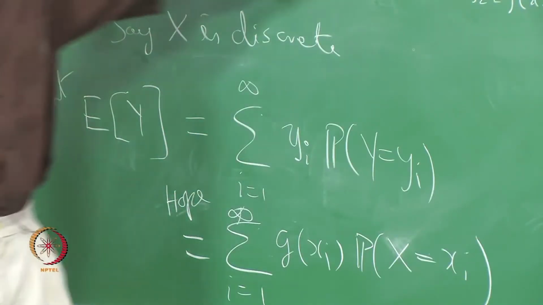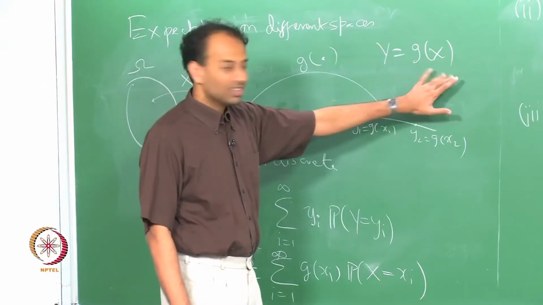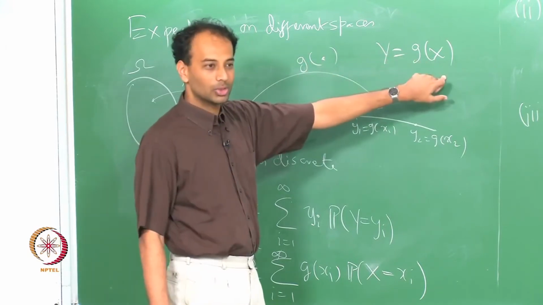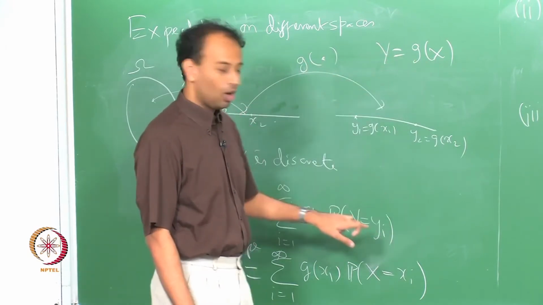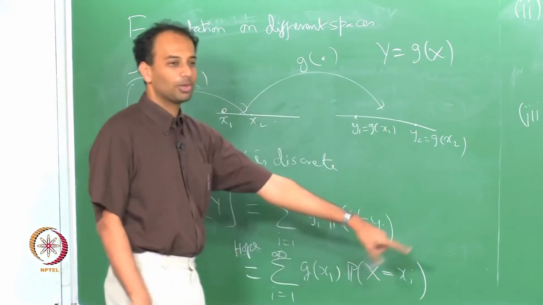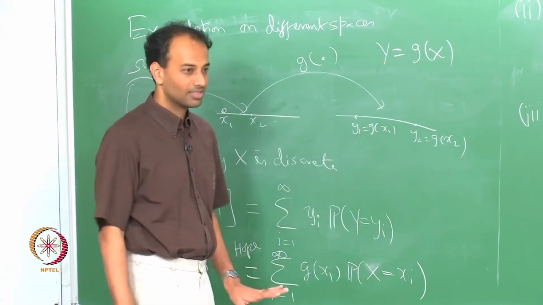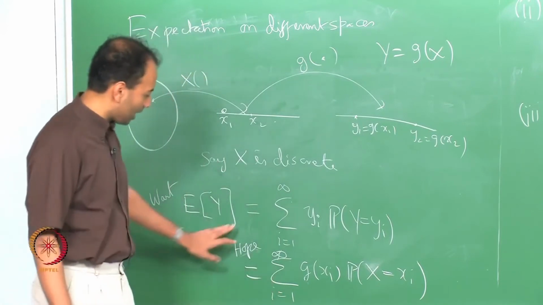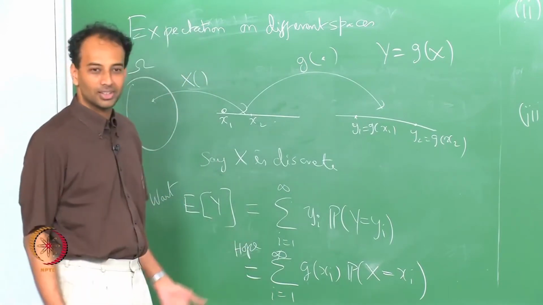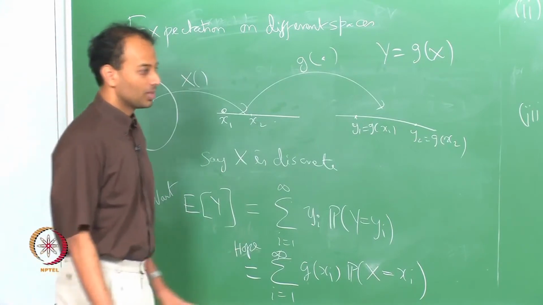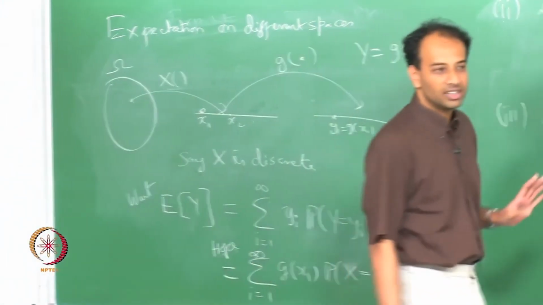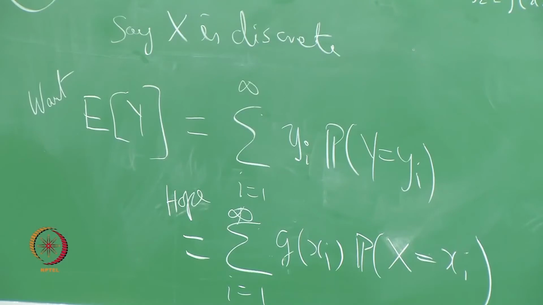Suppose g of x is x squared, you would either compute the PMF of y equal to x squared and compute its expectation, or you will simply put x i squared times the probability of x equal to x i, and you always get the same answer, right. This is what you have been using, and this is what you hope is always true. So, that is the theorem we are going to prove in full generality now, okay.